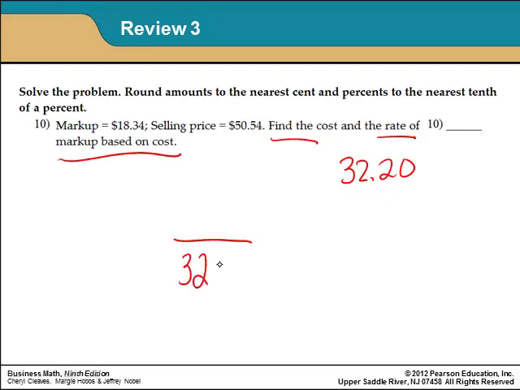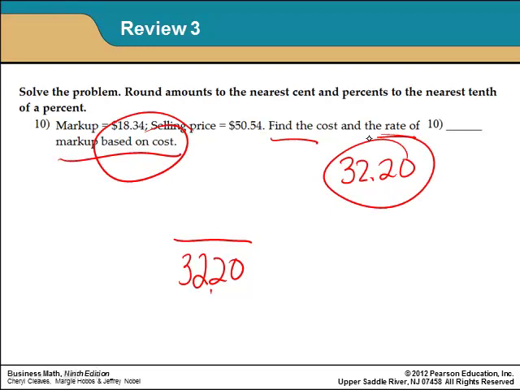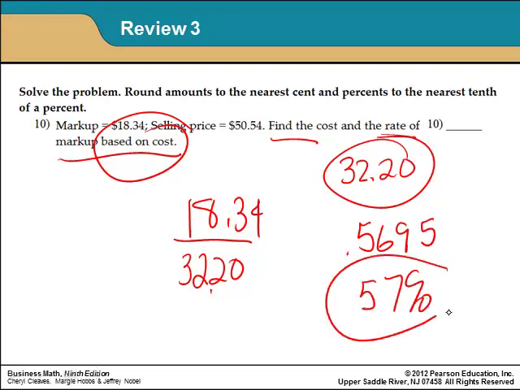So 32.20 because it wants it based on cost, and here's the cost, and the markup is 18.34. So we'll press 18.34 divided by 32.20, and we get 0.5695, which we'll round to 57%. Next one.